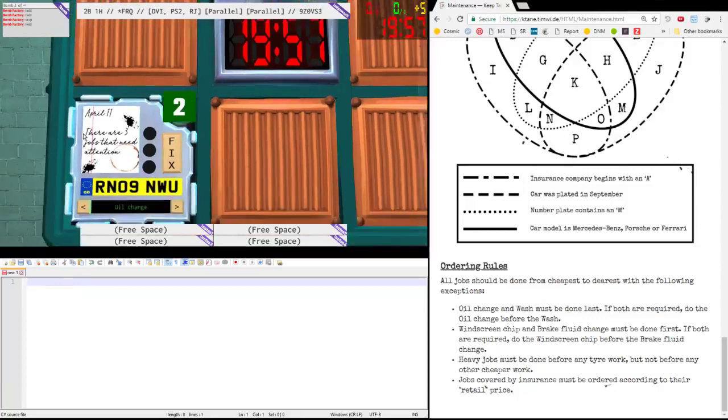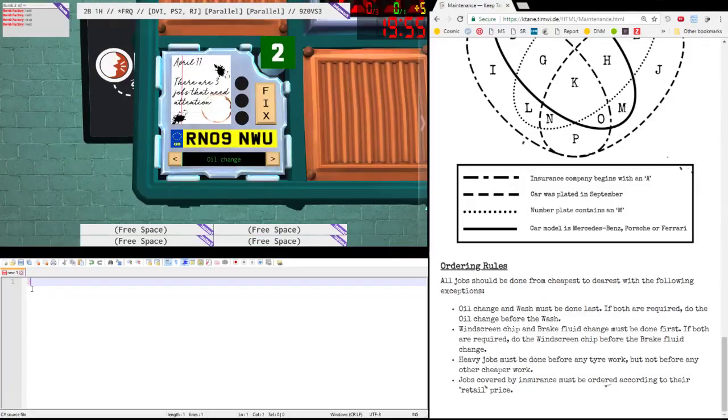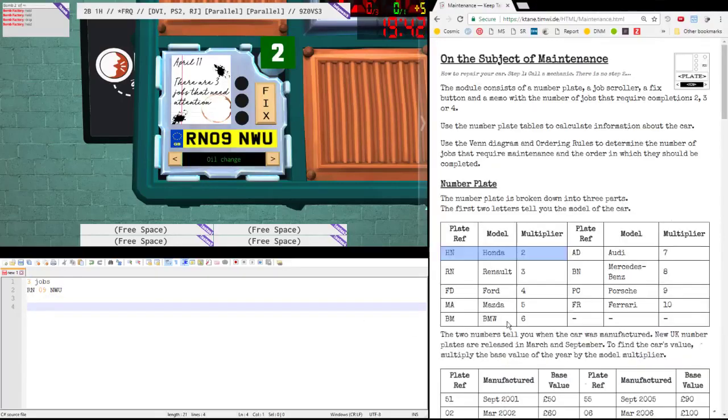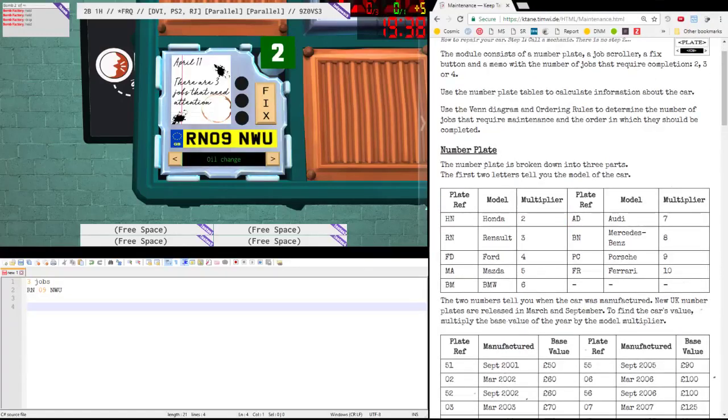At this time, we need 3 jobs. Plate number is Romeo November 09 November Whiskey Uniform. Alright, so again, let's go up to the top. Refresh page. We have an RN, that's a Renault. It's a multiplier of 3.